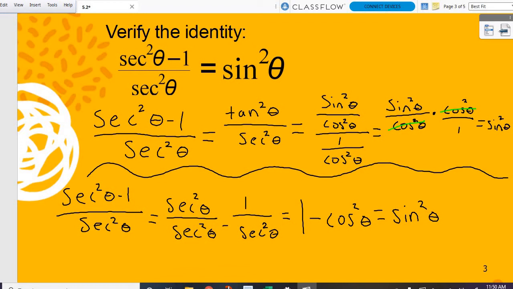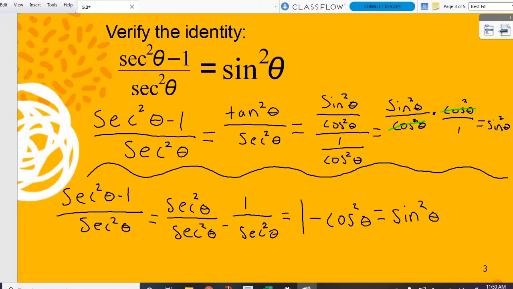The two approaches have about the same number of steps. The only difference is that on my first one, I ended up with a fraction within a fraction. If we got to that step and it looked super confusing, we might try a different approach. Does that make sense?